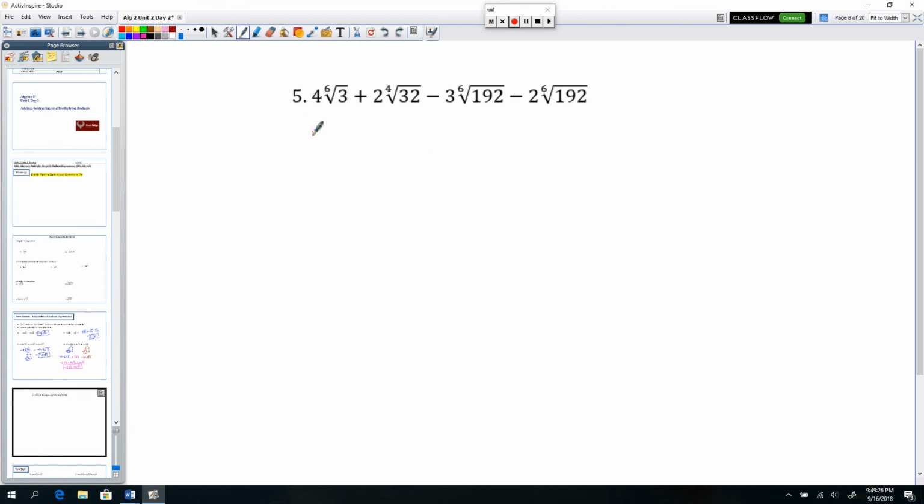Okay? Alright, this 4 times the 6th root of 3, there's no more simplification, so it's going to come down as is. But when I look at this 4th root of 32, that actually has a 16 times 2, and 16 has a 4 times 4.